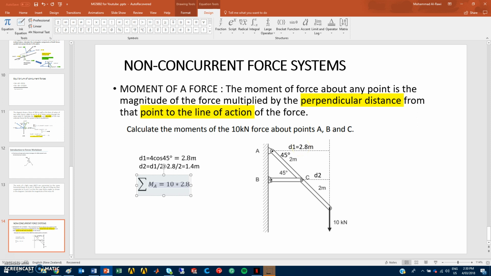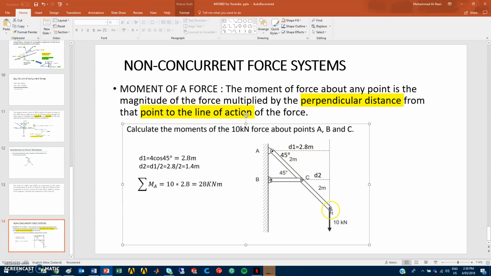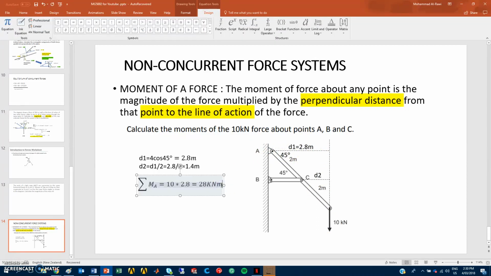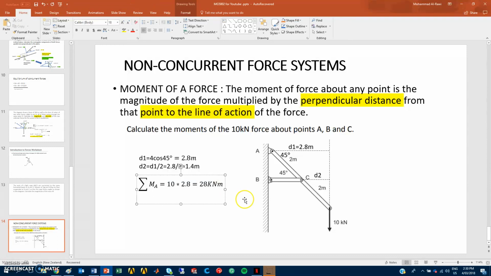If you multiply 2.8 times 10, it will be 28 kilonewton meters, because what you're showing here is that the moment is just the 10 kilonewtons times the distance D1.